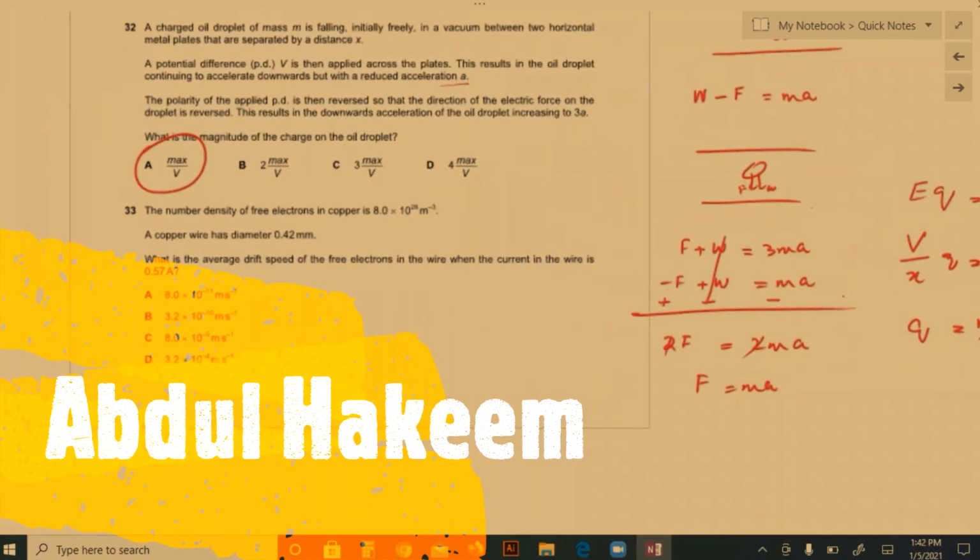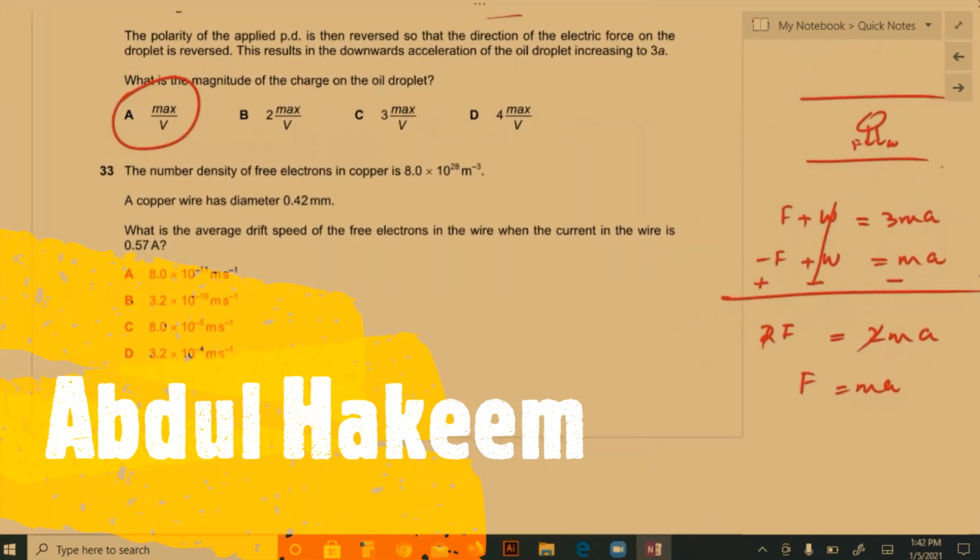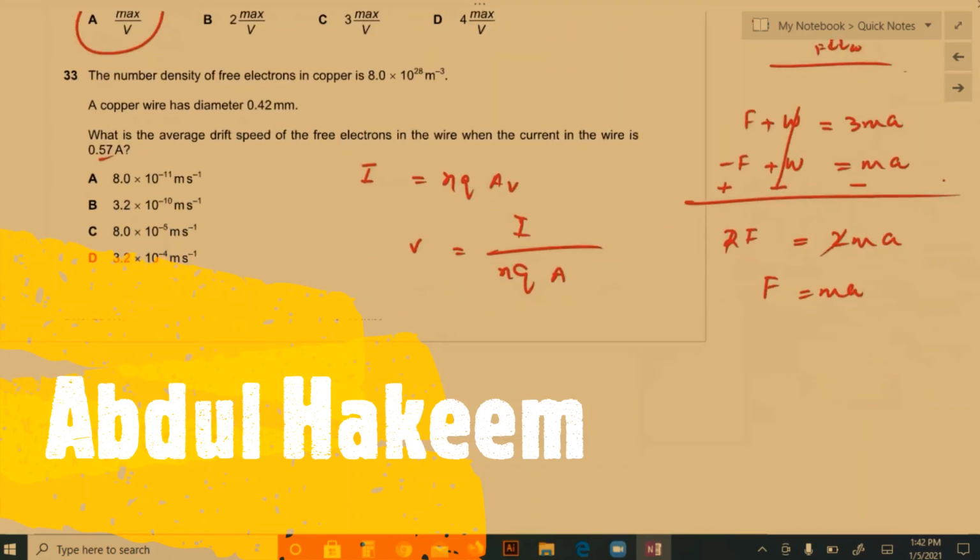Next question number is 33. The number density of free electrons in copper is 8 into 10 power 28. The copper wire has a diameter of 0.42 millimeter. What is the average drift velocity when the current is 0.57? So look, I is equal to nqAv. So v is equal to I divided by nqA. Substitute the values. It is 0.57, and number density is given 8 into 10 power 28.